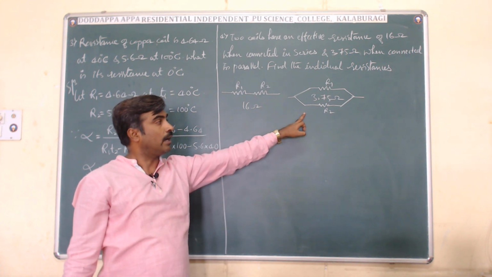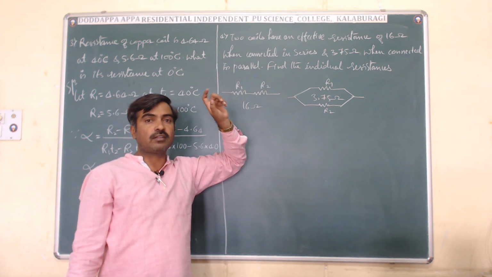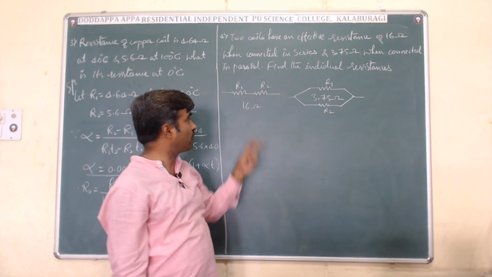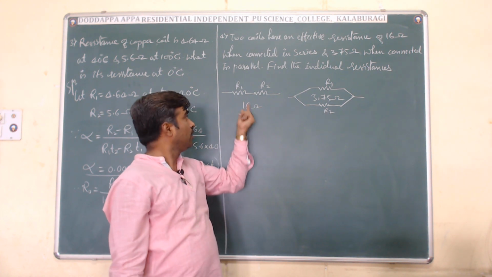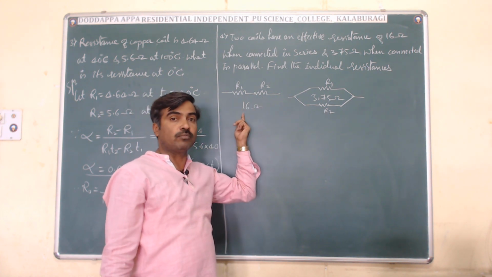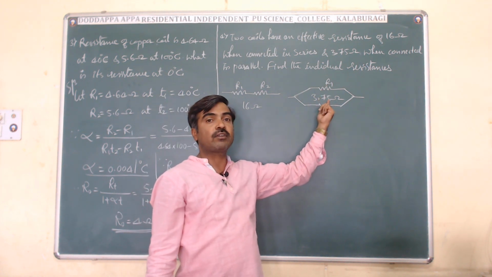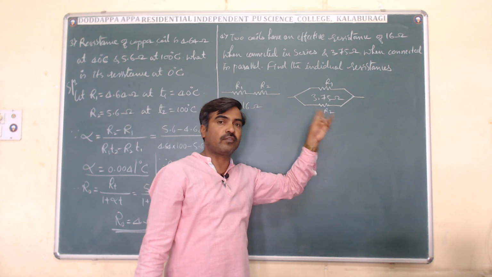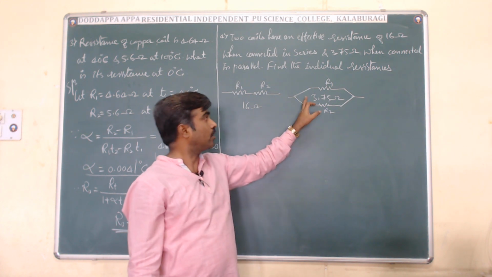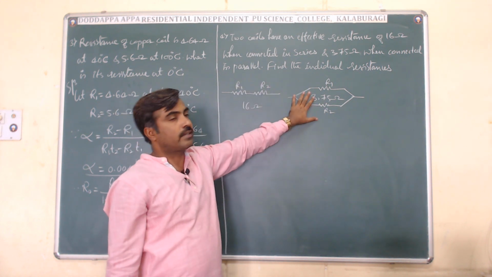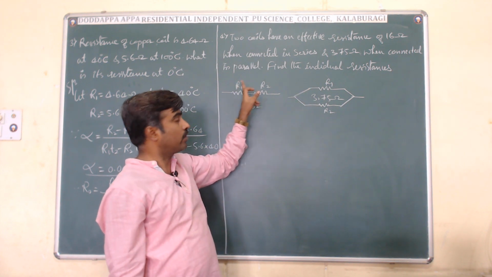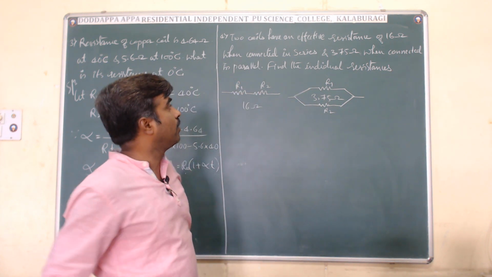As per the concept we have discussed, whenever resistors are connected in series, the effective value will increase. When they are in series, it is 16 ohms. When the same resistors are in parallel, it is just 3.75 ohms, since in parallel the effective value decreases. Hence, with respect to this data, now we should calculate R1 and R2 individually.